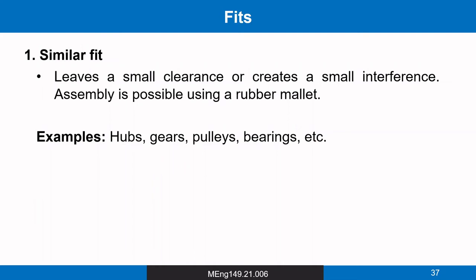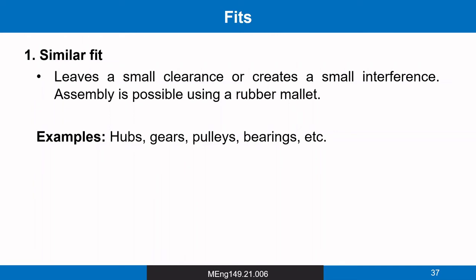So interference is when the two meeting parts have no tolerance or allowance applied, so there is a difference in their sizes.